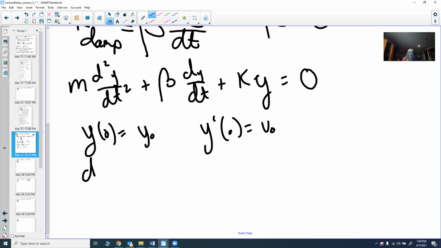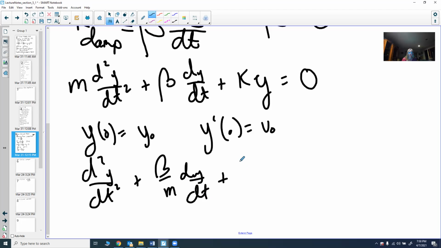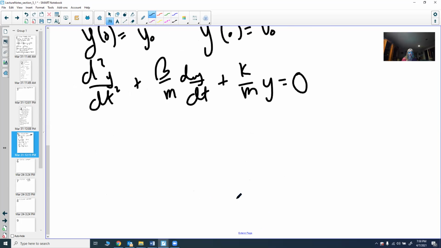Again, let's go ahead and get rid of the m, so we're going to divide through by m. And remember, we already called k over m omega squared. Let's call the beta over m something, and let's call that 2 lambda.